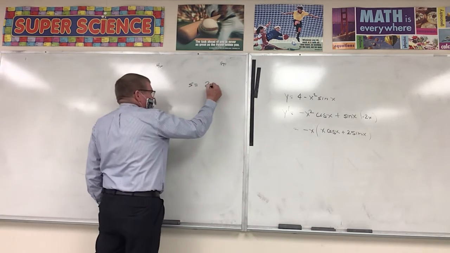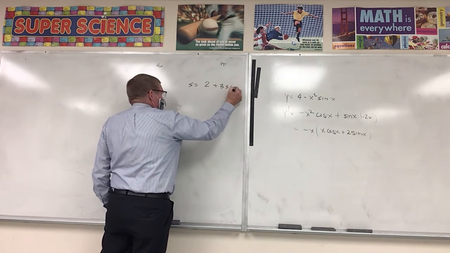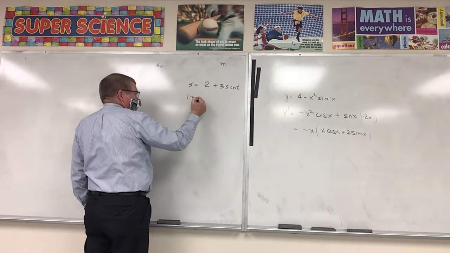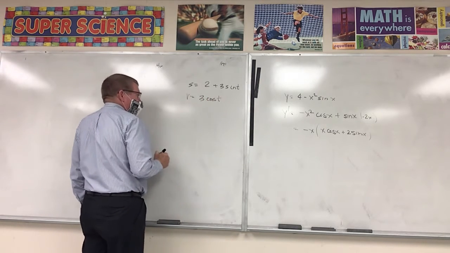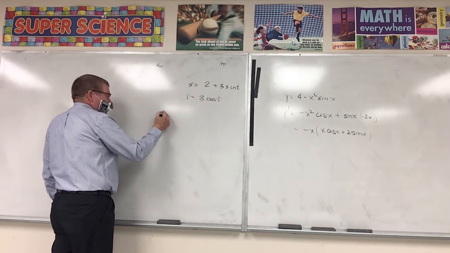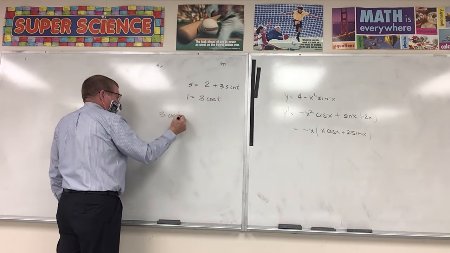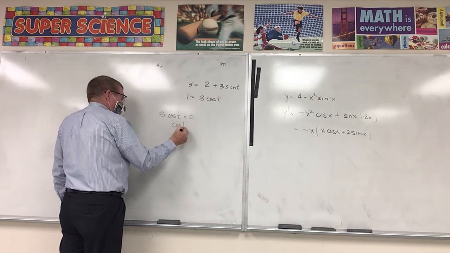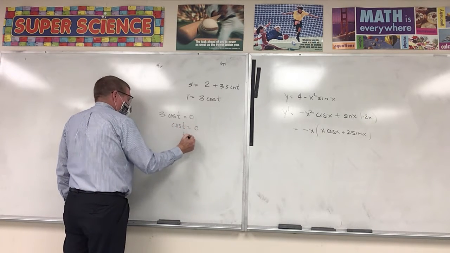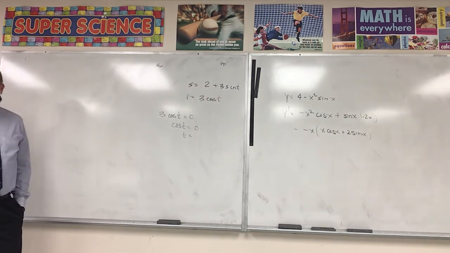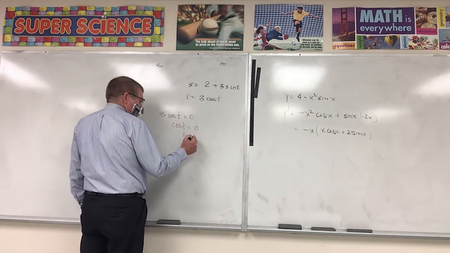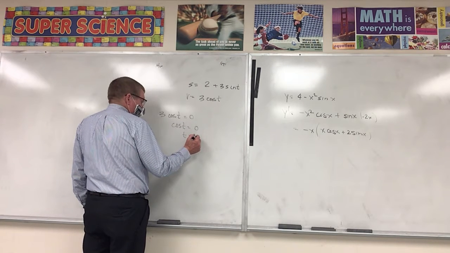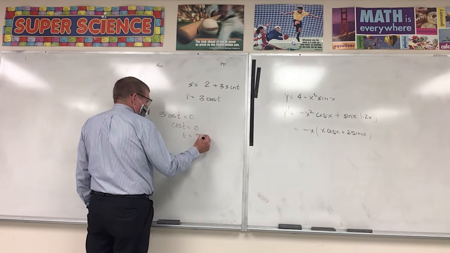3 sine t. So velocity equals 3 cosine t. All right, where is the velocity equal to 0? Where's cosine t equal 0? Pi over 2 and 3 pi over 2.